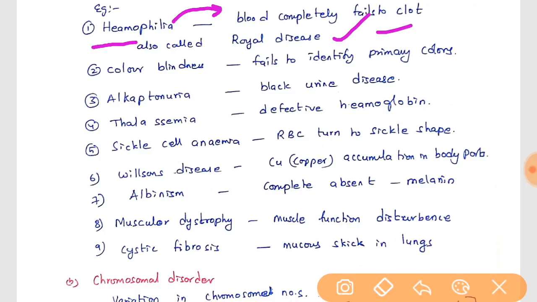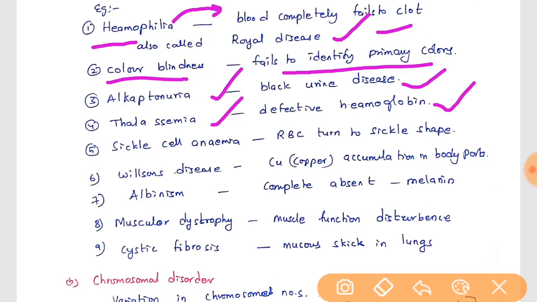Okay friends, the another genetical disease which we can see is color blindness. Fails to identify primary colors. Primary colors are red, blue, and green friends. Red, blue, and green. Alkaptonuria, black urine disease. Thalassemia, defective hemoglobin.